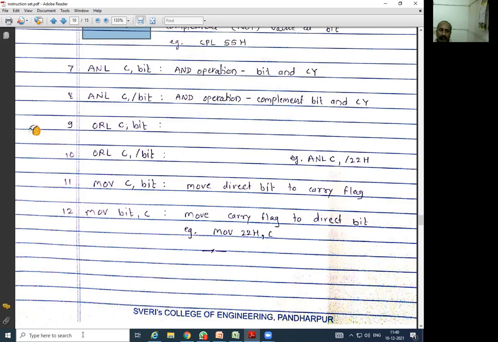So complement of bit means 1, and C has 1, so ANDing of this, the result will be 1. All Boolean instructions are playing with zeros and ones, not more than 1 bit capacity.